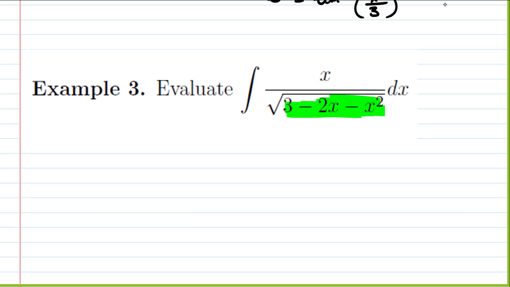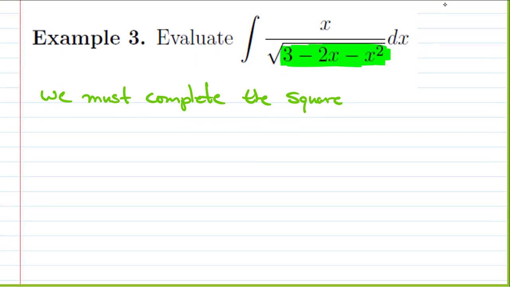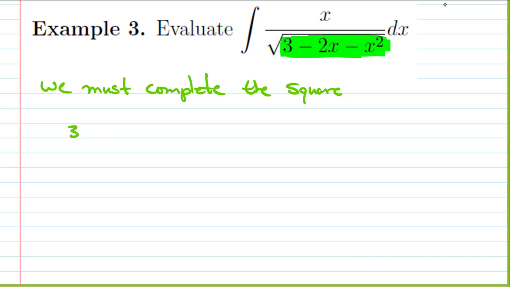So whenever we have an irreducible polynomial underneath here, or actually any polynomial, we need to complete the square. So we have 3 minus 2x minus x squared, and we need to complete the square on this.